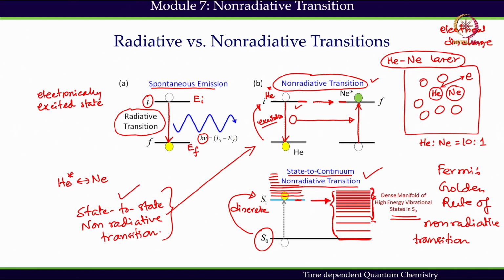And then we will see what limitations Fermi's golden rule has, and we will try to overcome them with the help of a rigorous treatment of quantum dissipative dynamics, quantum decaying dynamics.